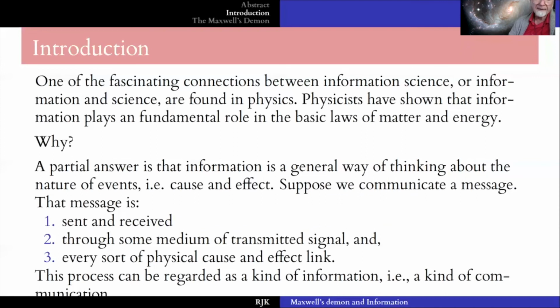And that is essentially what physics is about, cause and effect. So suppose we communicate a message. The message is sent and received. It went through some medium of transmitted signal and every sort of physical cause and effect link. This process can be recorded as a kind of information, a kind of communication.